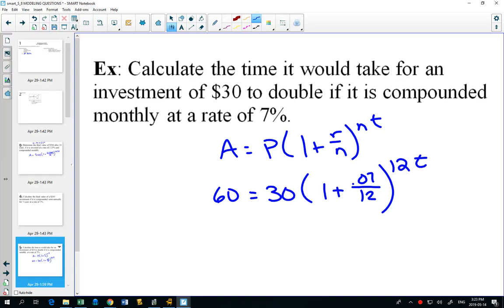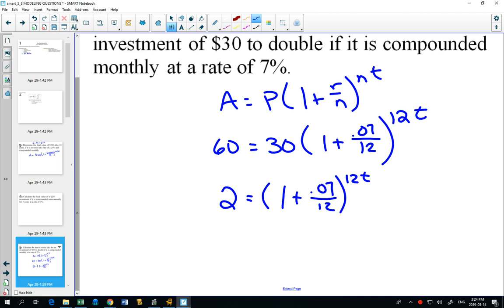If I divide both sides by 30, my equation becomes, and this is fascinating, but I'll talk about the fascinating part at the end. So if I divide both sides by 30, then I get 2 equals that, and now I can use my log laws and take the log of both sides. I've got a single power.